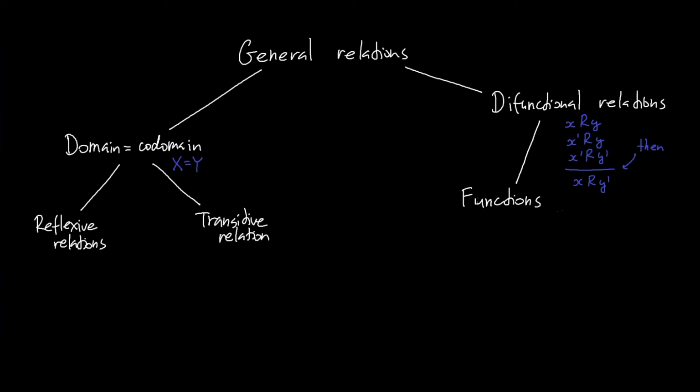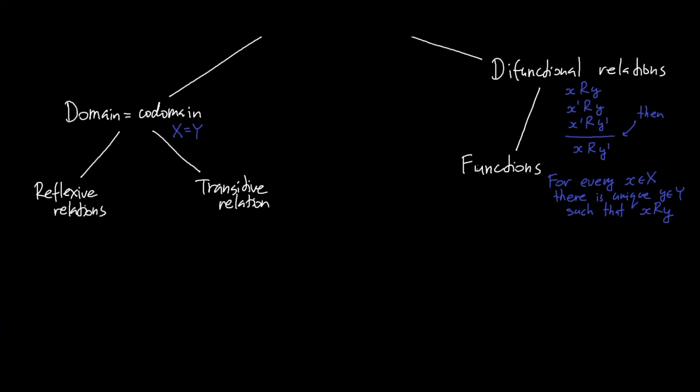What about functions? Well, functions are defined by the property that for every X in the domain, there is a unique Y in the codomain such that the pair XY is in R, in other words, such that X is related to Y by the relation R. What are reflexive relations?